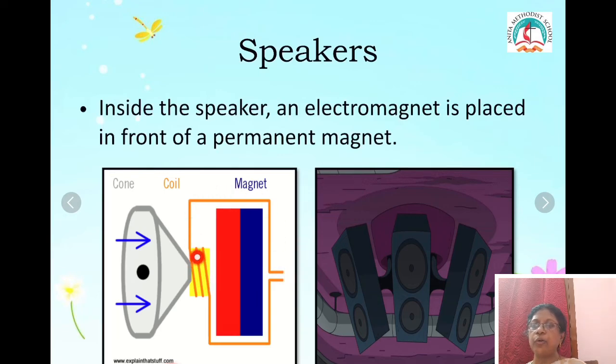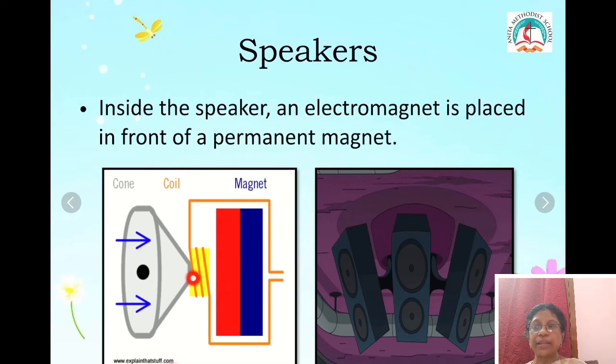So when current flows through the electromagnet, it becomes a magnet. What happens to the electromagnet? This is a permanent magnet. It remains stationary in its place. But the electromagnet, due to the change in the magnetic flux, experiences a force.